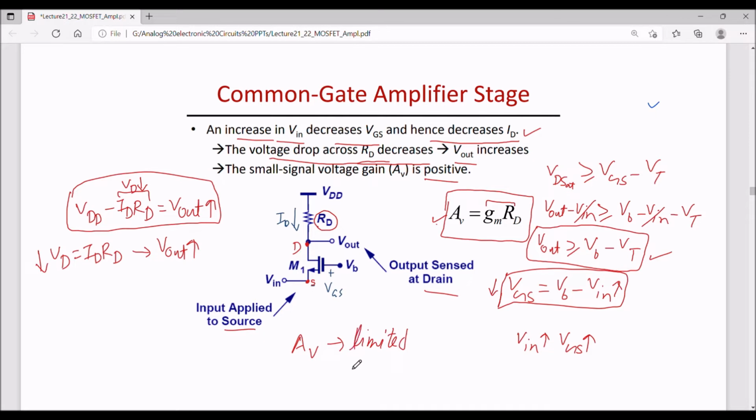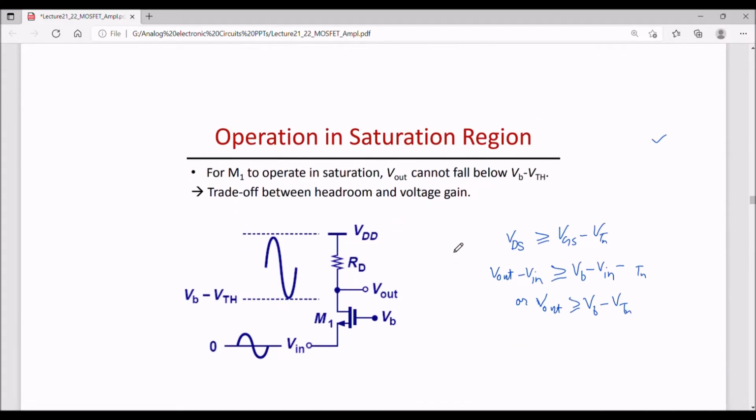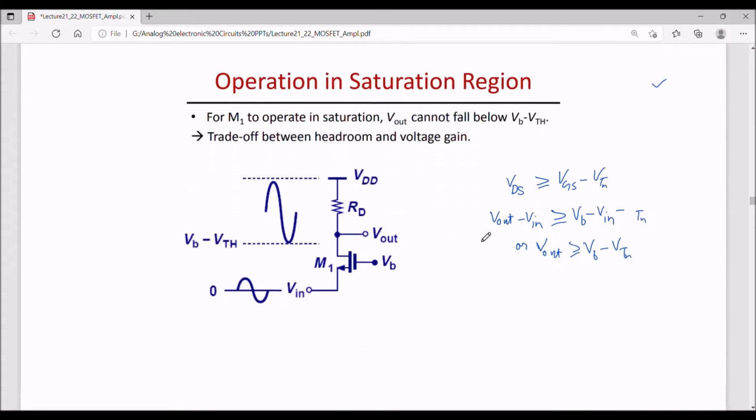Since the gain is limited, the drop across RD is also limited, and Vout cannot fall below VB minus VTH. So Vout should always be greater than or equal to VB minus VTH.